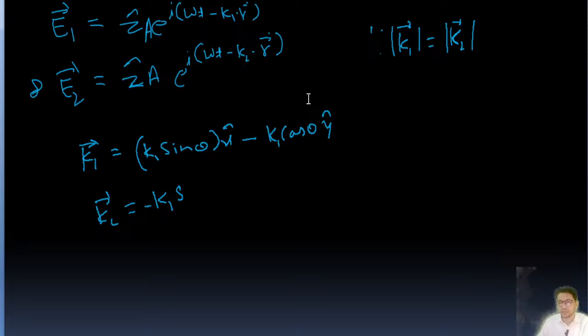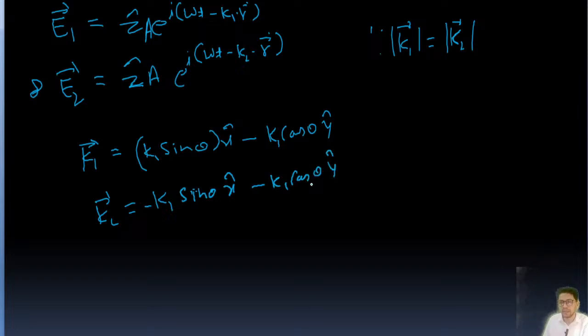Okay, these are the equations for the electromagnetic wave, right? So this is going to be k2, k1 sin theta, because the modulus of k1 is equal to k2. So we can write k1 sin theta x cap minus k1 cos theta y cap.